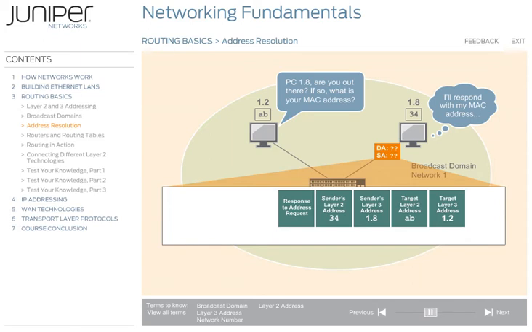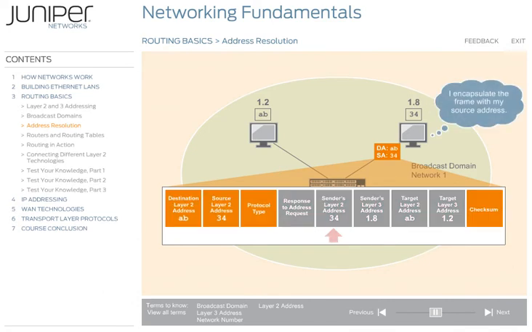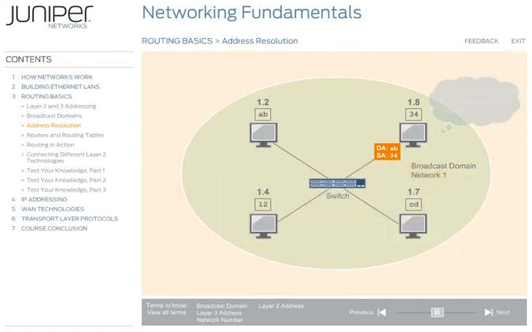In the reply, PC 1.8 is now the sender, so it includes its MAC address as the sender's Layer 2 address and its Layer 3 address as the sender's Layer 3 address. Notice that the sender's Layer 2 and Layer 3 addresses always correspond to the device generating the request or reply. The sender's Layer 2 address will always match the Ethernet frame's source Layer 2 address as well. PC 1.8 then sends the reply back to the PC that requested it.